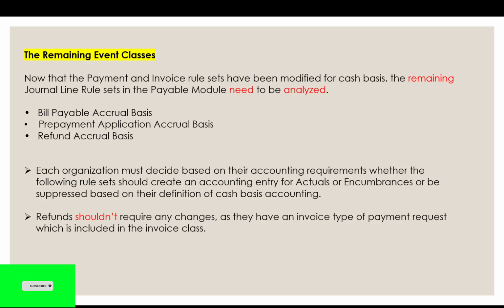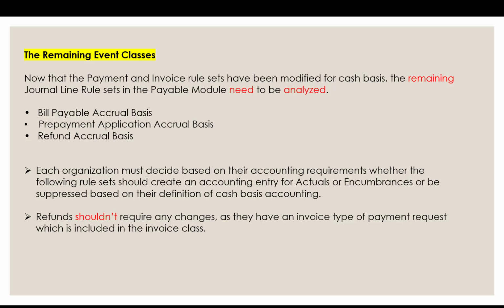Future dated payments haven't been analyzed for cash basis accounting since public sector organizations don't utilize the future dated payment functionality. If that functionality will be utilized, analyze the entries and adjust the journal line rules to achieve the desired cash basis results.